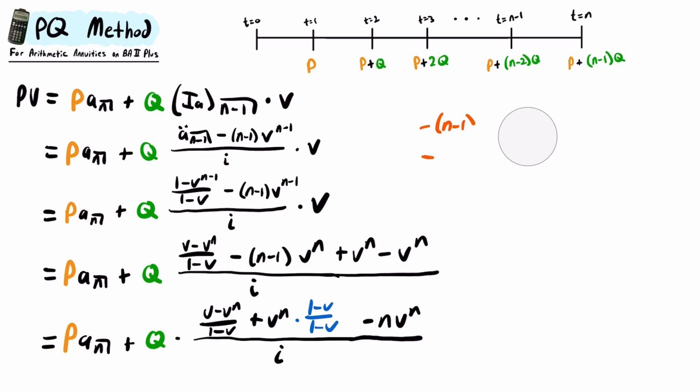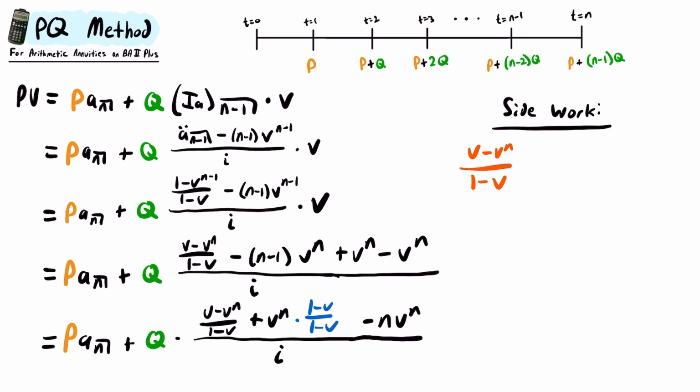And now I'm going to do some side work because I don't want to rewrite this over and over again. I want to show you what these two terms will simplify to if you combine them after getting that common denominator. All right, so a little bit of side work here. What we're working with are these two terms. So we have v minus v to the power of n divided by 1 minus v plus v to the power of n times 1 minus v divided by 1 minus v.